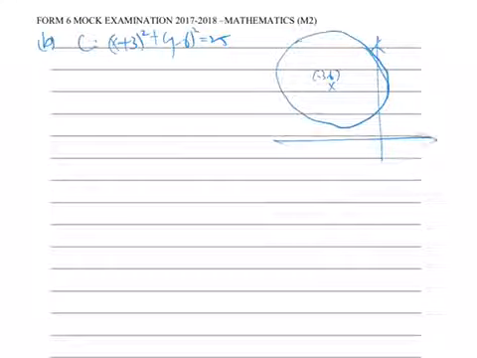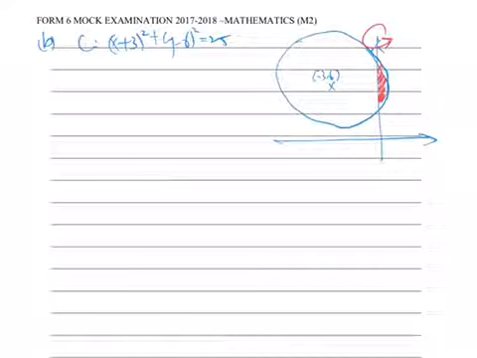And then we want to find the volume of revolution of the region R. R is bounded by the curve and the y-axis in the first quadrant. So R is this one. So you rotate this one about the y-axis to get the volume.